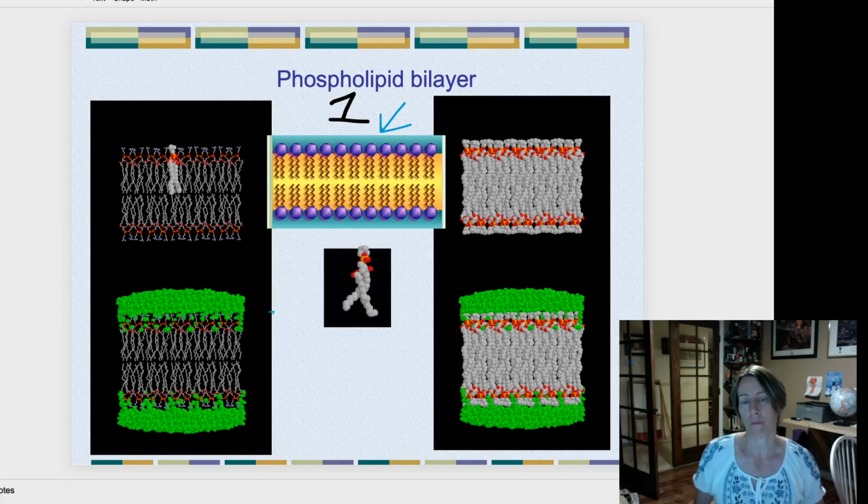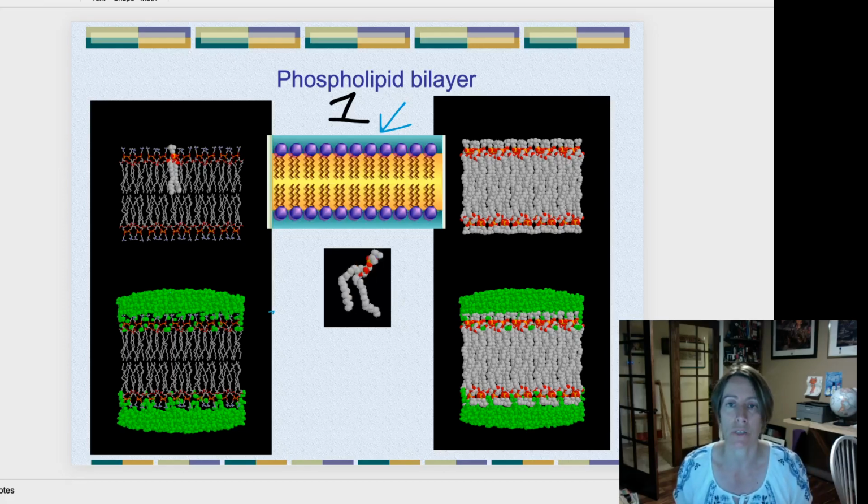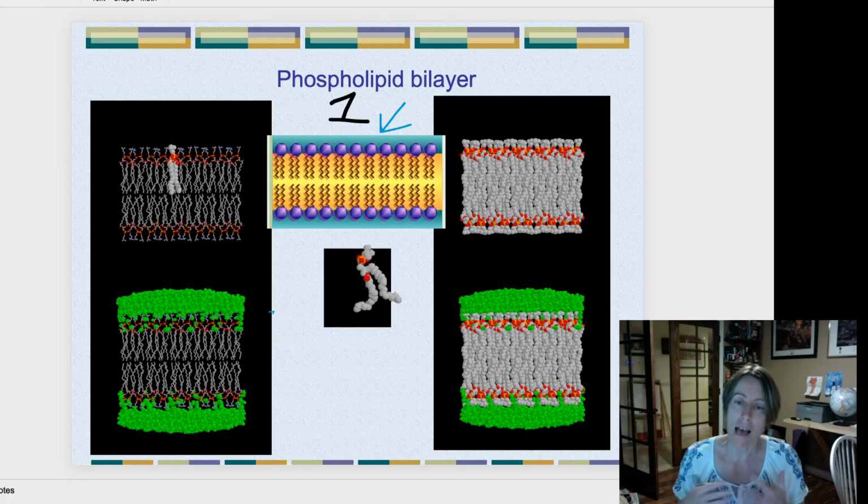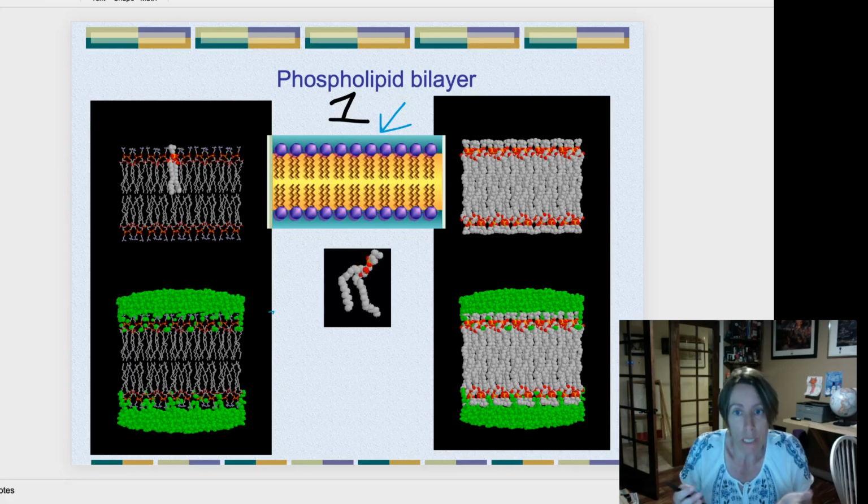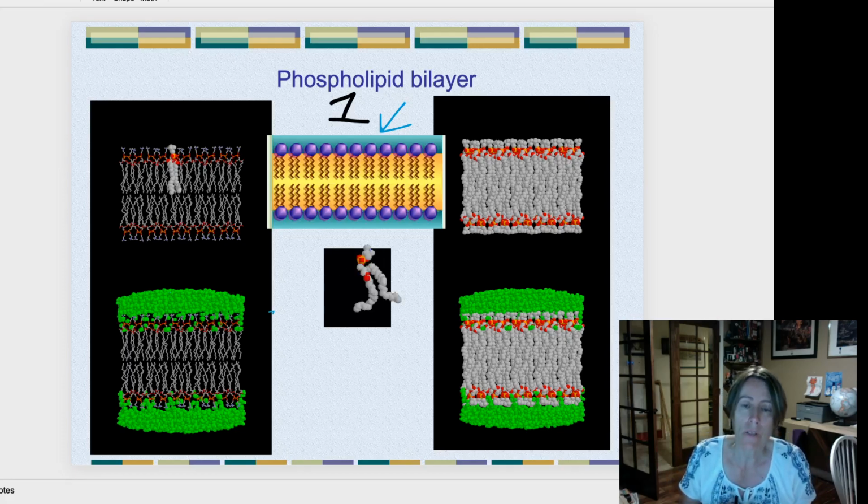If you remember from before, we learned about how temperature is really a measurement of how fast molecules are wibbling around and moving. And your body is quite warm. Your body is at 37 degrees Celsius, which is 98.6 Fahrenheit. And so that's pretty warm, which means all the molecules inside your body are moving. They're jiggling around. And that includes the phospholipids that make up the bilayer.